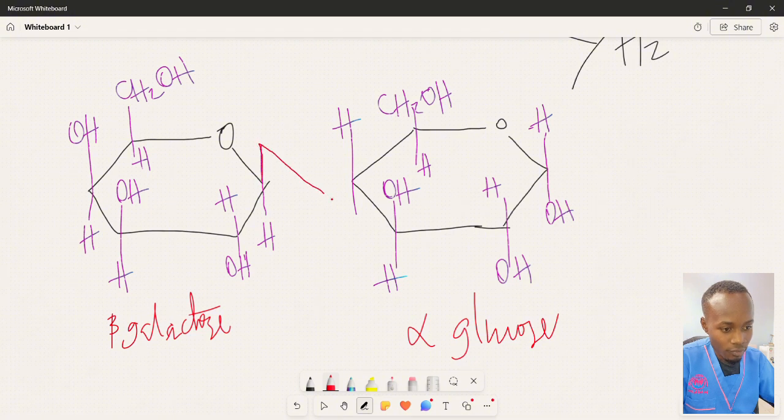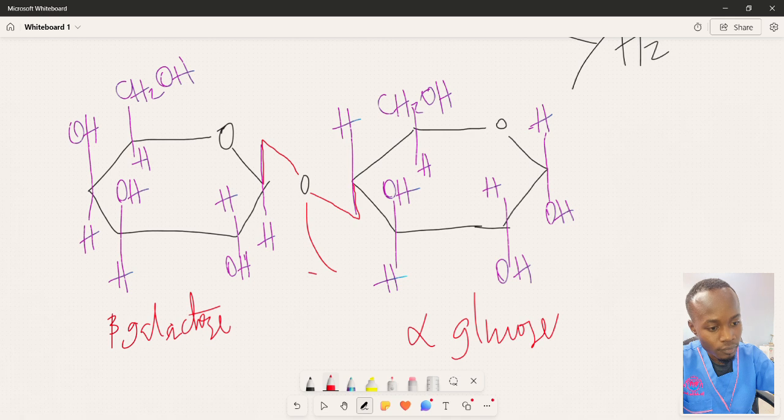Let me write the O in the middle here first. Now we can proceed. This is the type of bond that is going to be formed. You can see the O glycosidic in here, and water has been released.